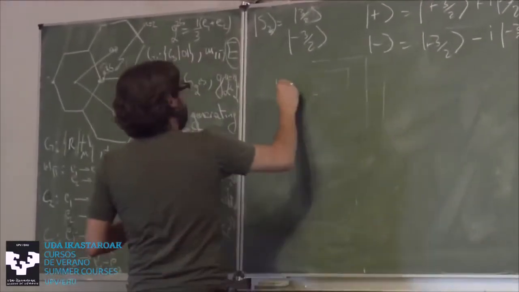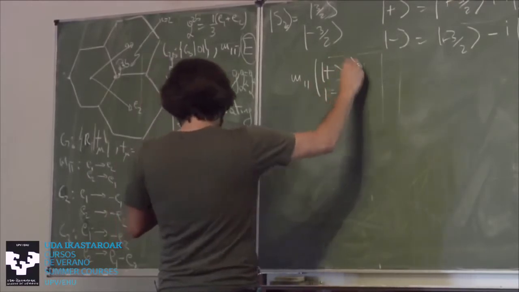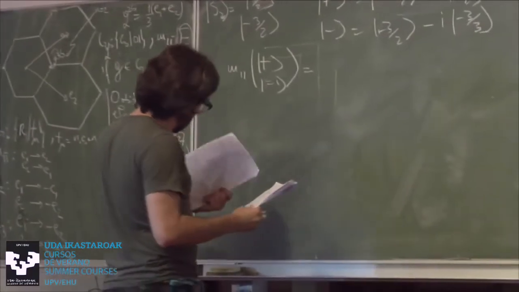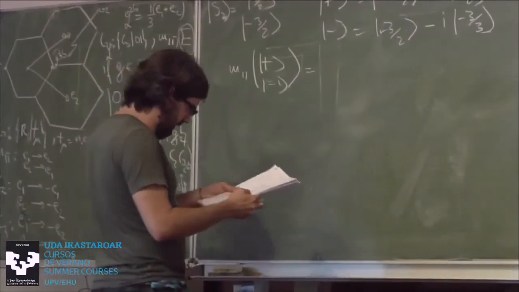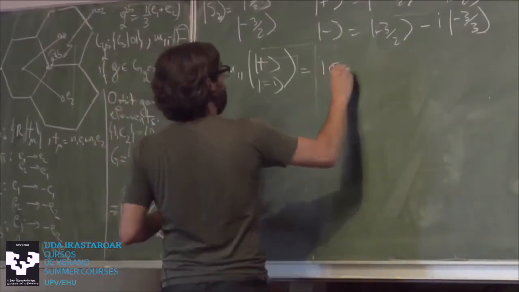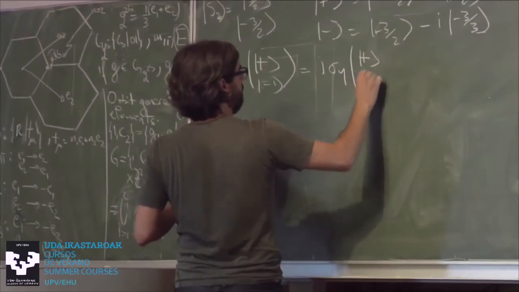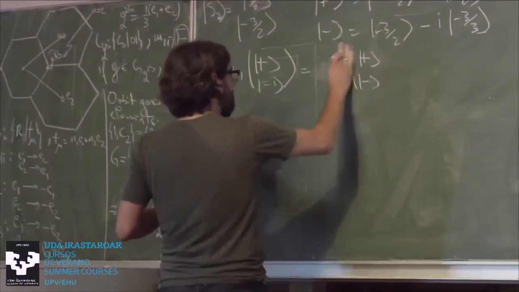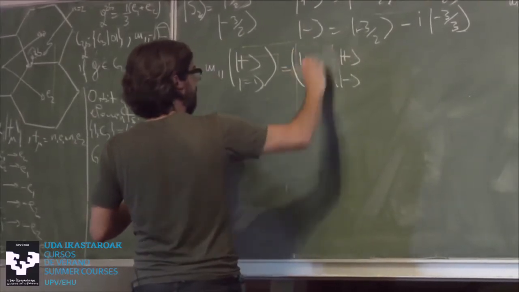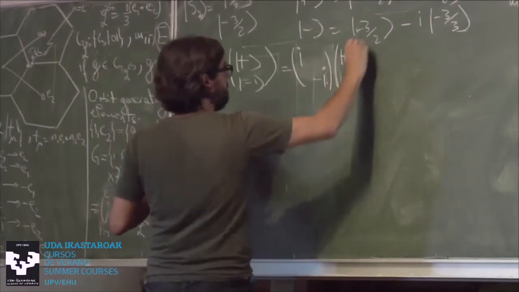So M11 on plus and minus gives you, and if I did it wrong, you can correct me, it gives you I minus I on plus minus.